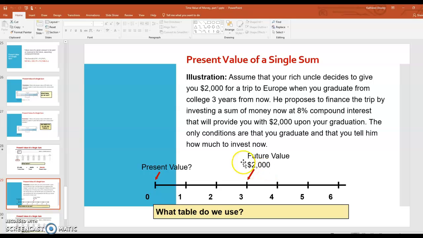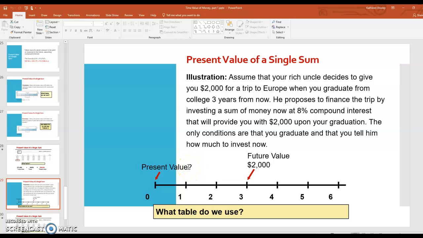Okay, so in this case, we know how much our future value needs to be, and we know how many periods. We have 3 years, that's our N, and our I is 8%. It's compounded annually, so we don't have to change anything. Our present value is what we want to know, so that's our question mark.